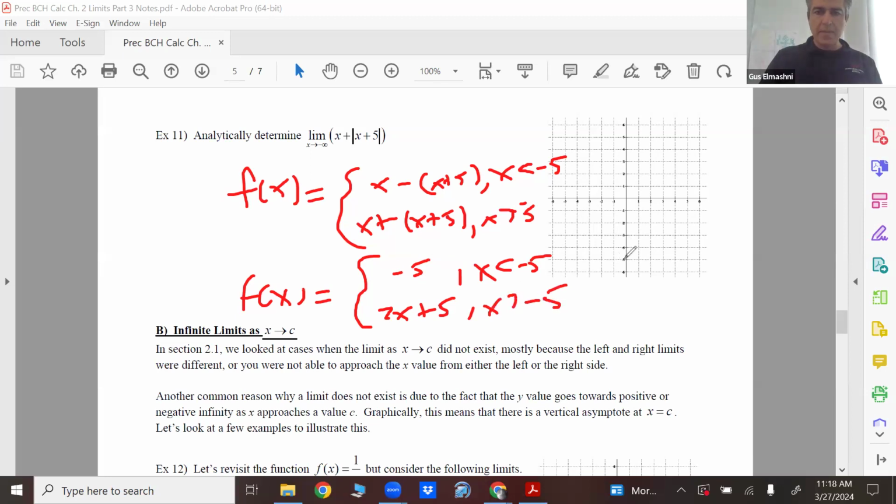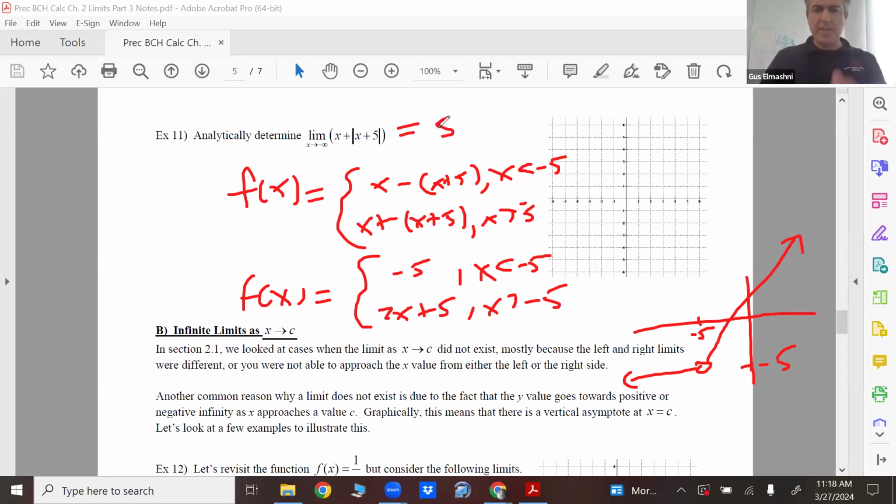So there we go. Negative 5 is, goodness. Let me do the graph over here because I kind of messed up. Negative 5 is right here. And here's negative 5 again. And it kind of looks like this. So clearly that's just negative 5.